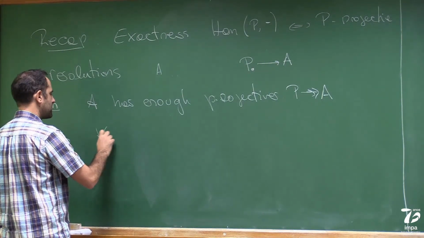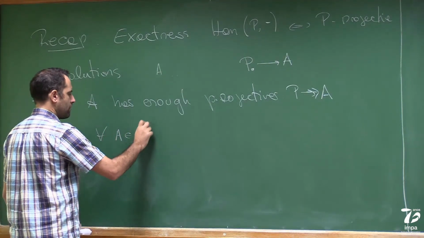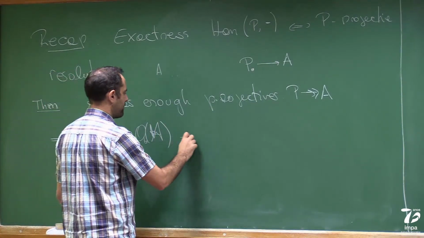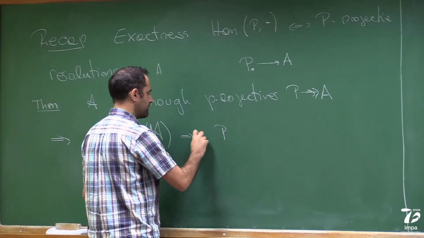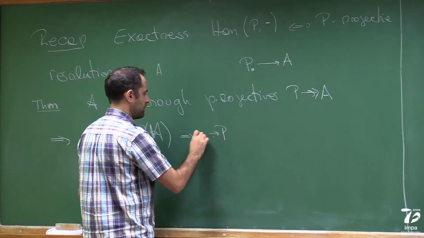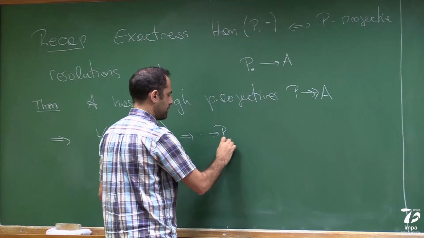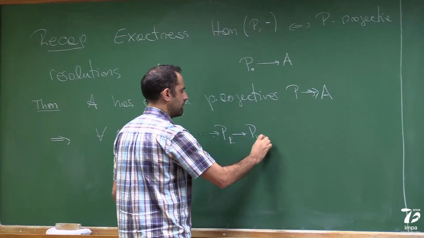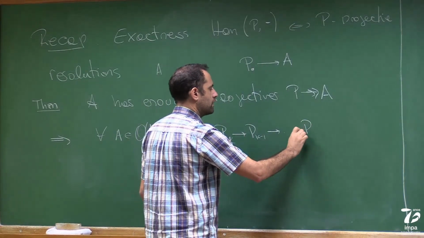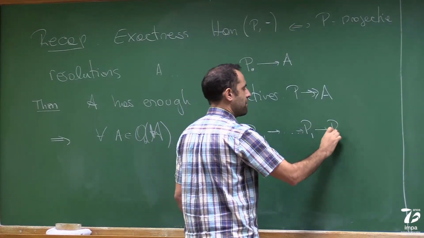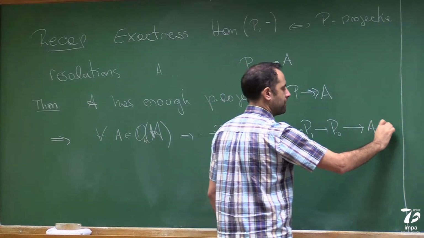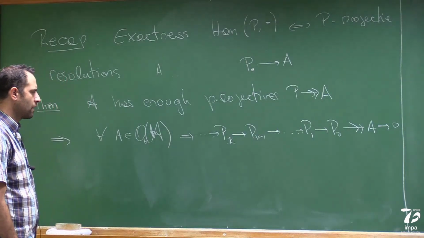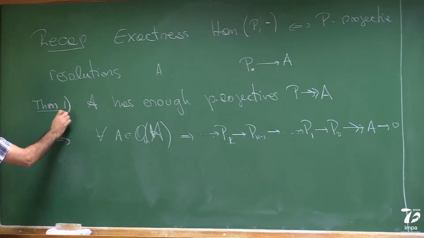For every object A, we have a projective resolution Pk minus 1 to P1 to P0 to A to 0. And this is an exact sequence. So this is theorem 1.